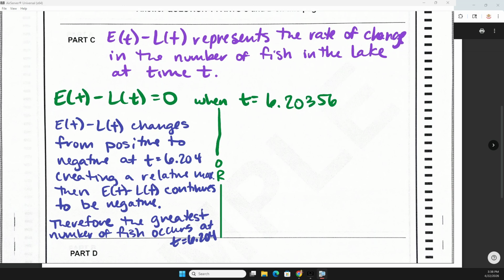I'm going to add that. We're going to say continues to be negative through t equals 8.